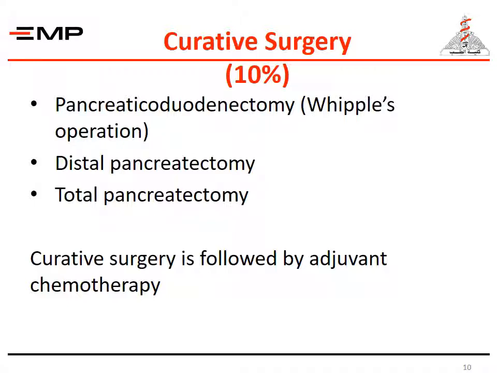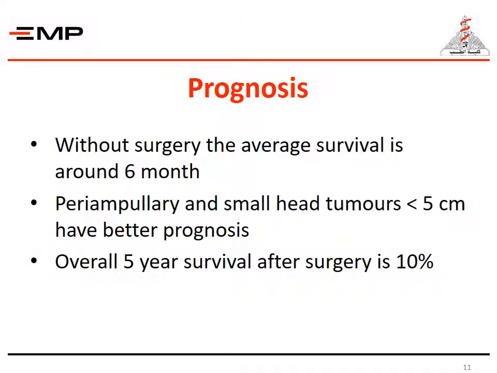Carcinoma of the body and tail, when operable, are managed by distal pancreatectomy. Total pancreatectomy is done for tumor cells spreading to most of pancreatic tissue, and sometimes to avoid the troublesome pancreatic anastomosis during Whipple's procedure. Prognosis of pancreatic cancer is poor.